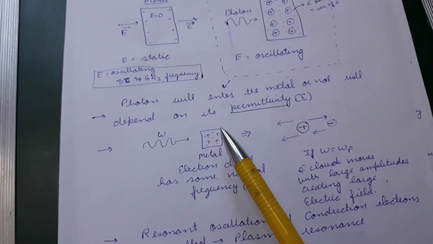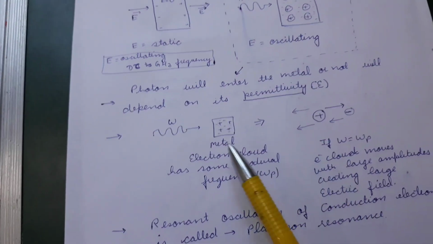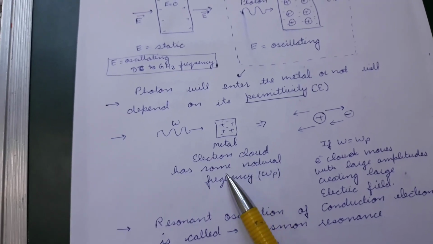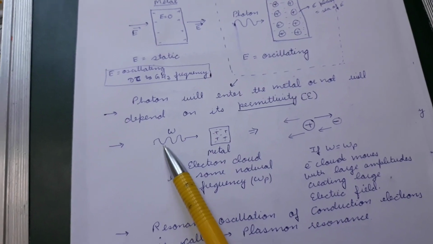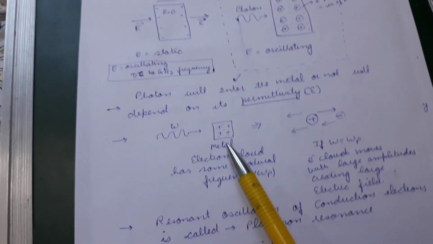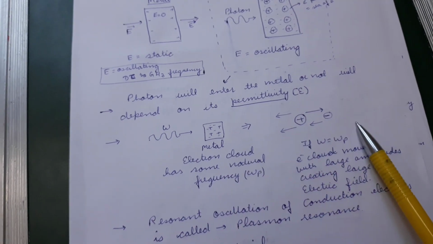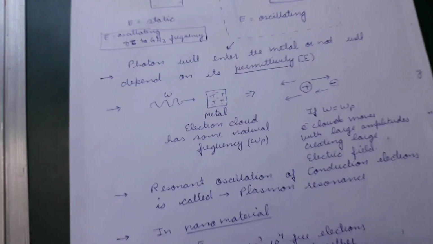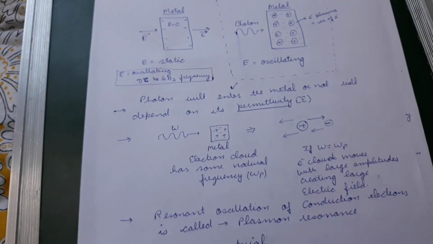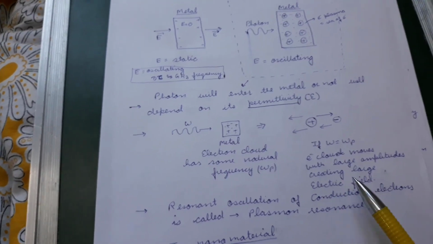Any material has some natural frequency. Similarly, the electron cloud in a metal also has some natural frequency. If the frequency of the photon matches the natural frequency of the metal, then the electrons will oscillate with a larger amplitude and will give rise to a very large amount of electric field. The electron cloud moves with very large amplitudes, creating a large electric field.